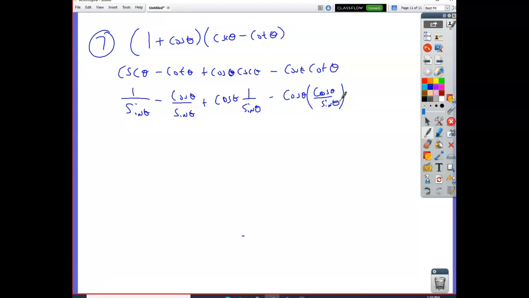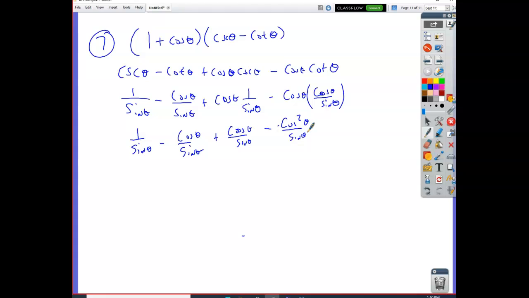So then I got 1 over sine theta minus cosine theta over sine theta plus, now multiply straight across, right? With fractions, this is just cosine theta over sine theta minus cosine squared theta over sine theta.